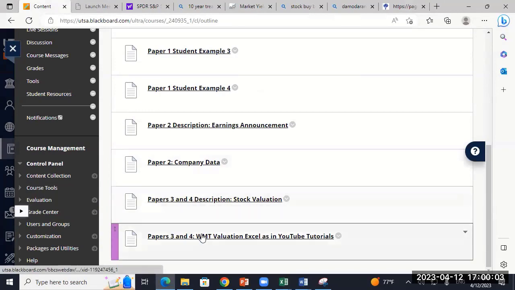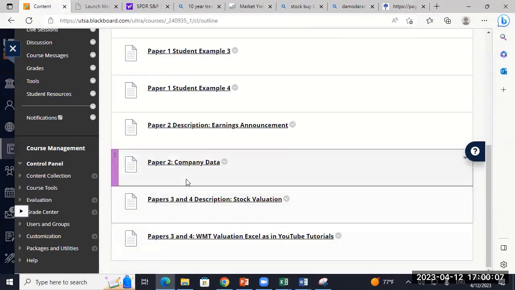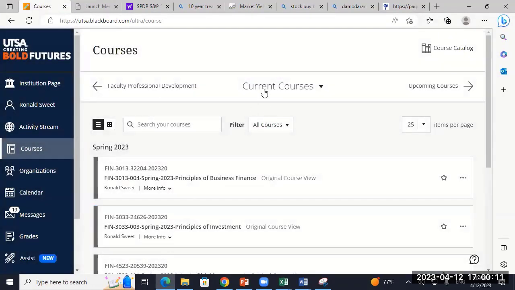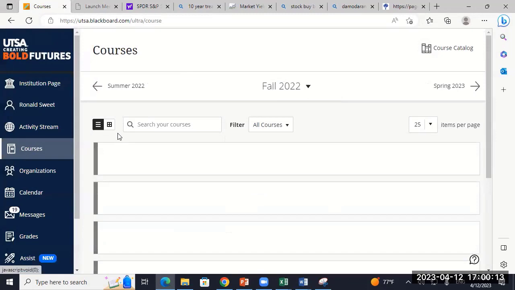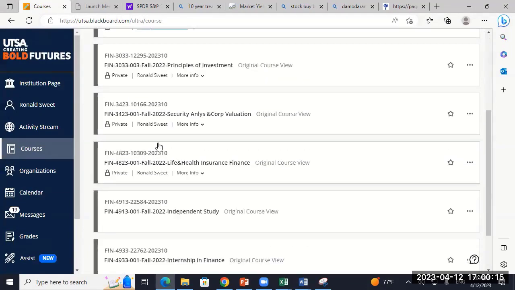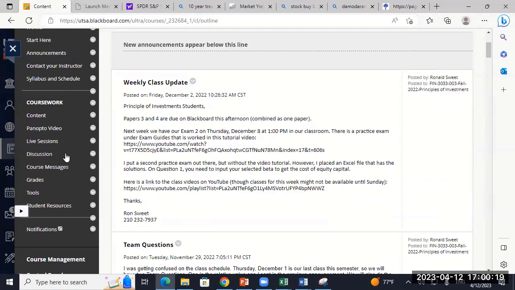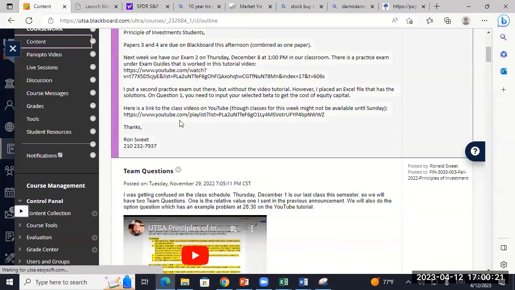It's called, no, it's not out there. Let me find one from a previous semester. So I want to update it so that you have the most current data possible.